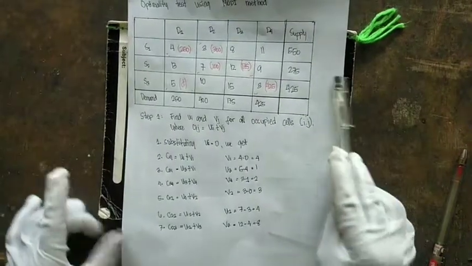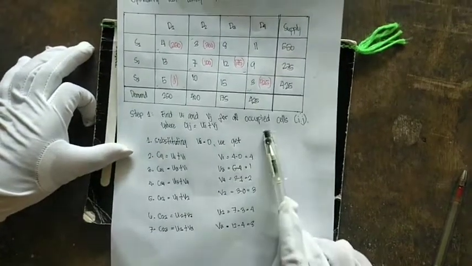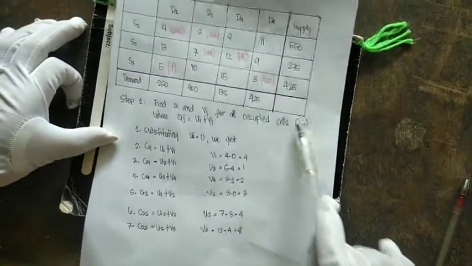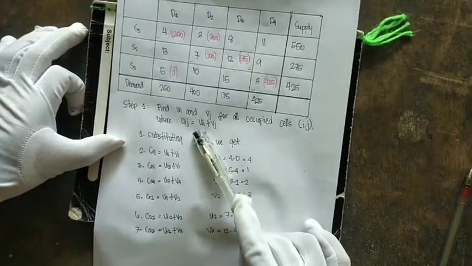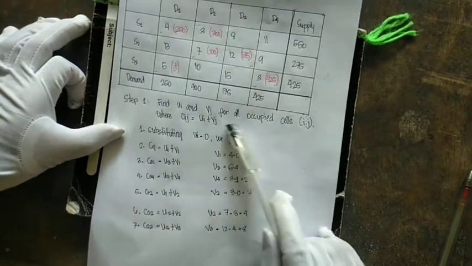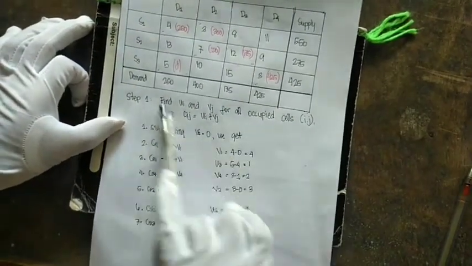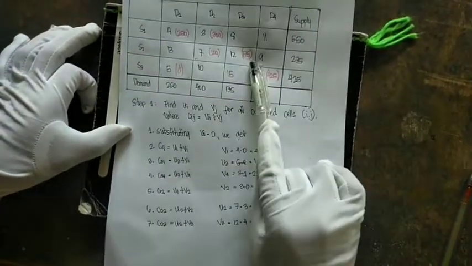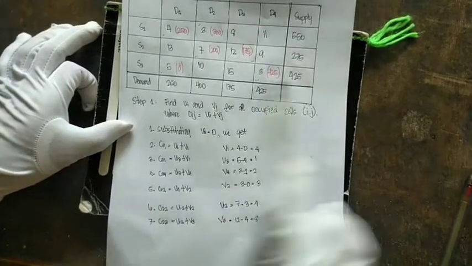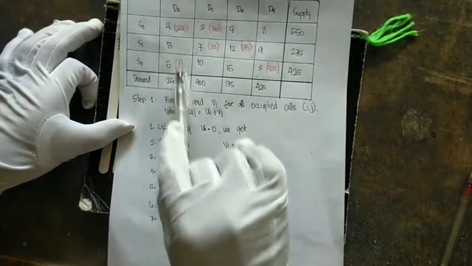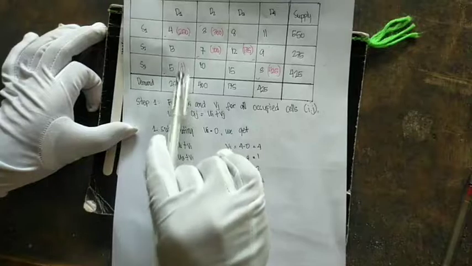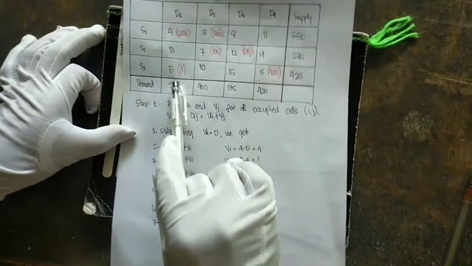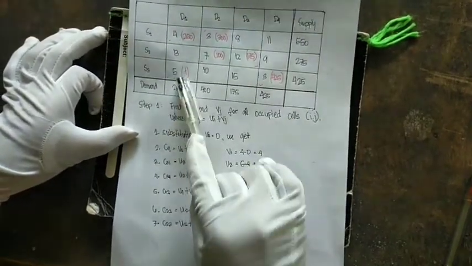So our step 1, find Ui and Vj for all occupied cells, that is ij, where Cij equals Ui plus Vj. So our occupied cells are 250, 300, 100, 175, and 425. Notice that this letter D will be the artificial for the unoccupied cell.